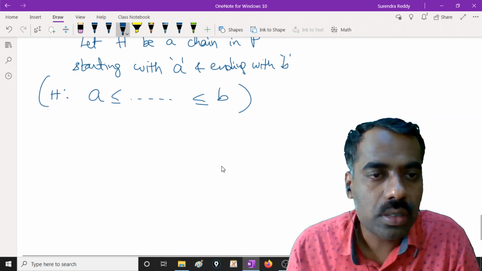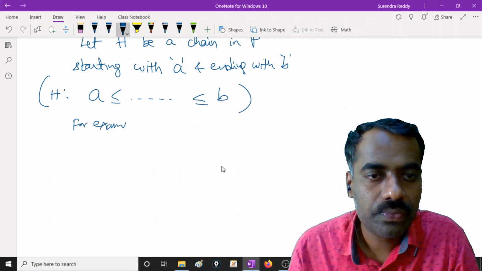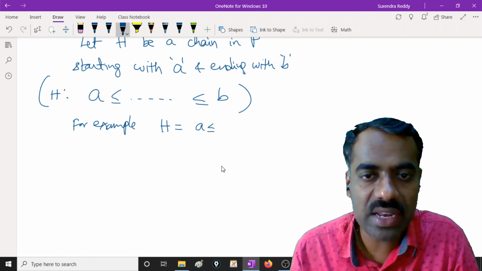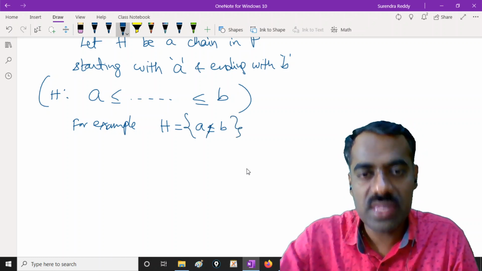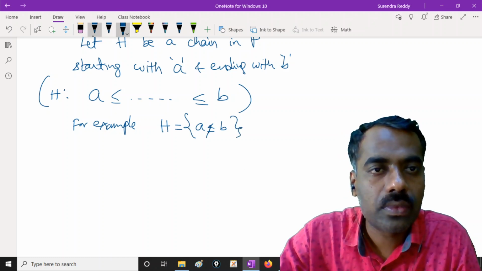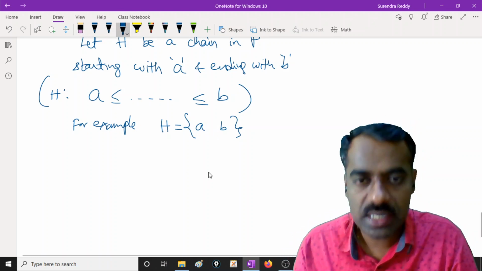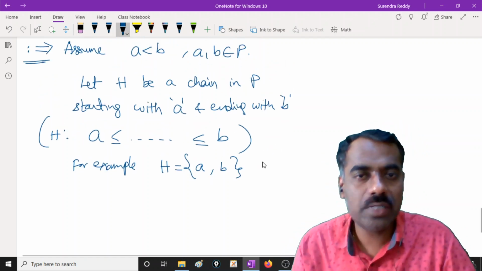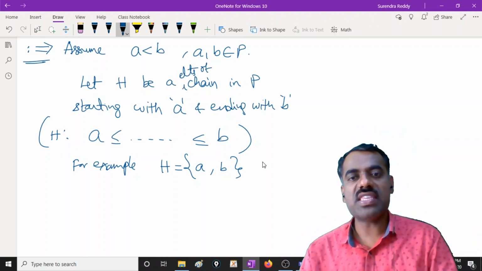Just for example, one such H you can take as a less than or equal to b. That means you can take the set with these elements, just taking the elements of that chain in P starting with a and ending with b.